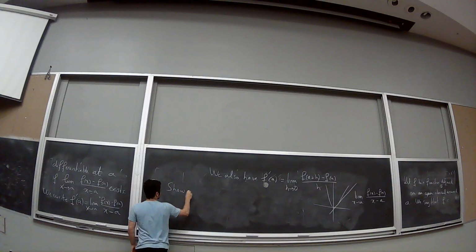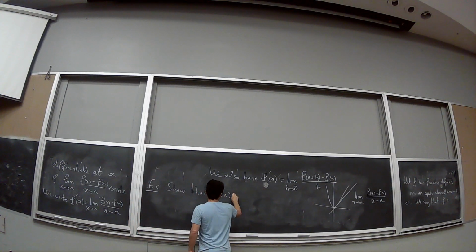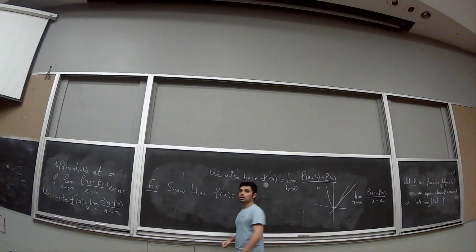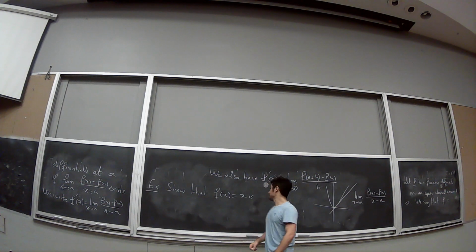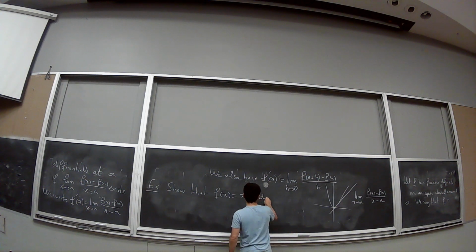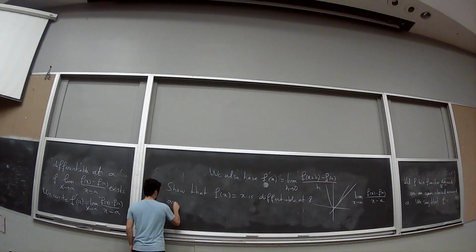Say that f of x equals x. Who wants to give me their favorite number? Yes, Bet? 8. Show that f of x is differentiable at 8 and find f prime of it.